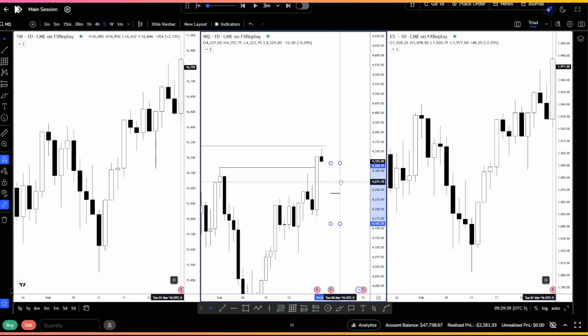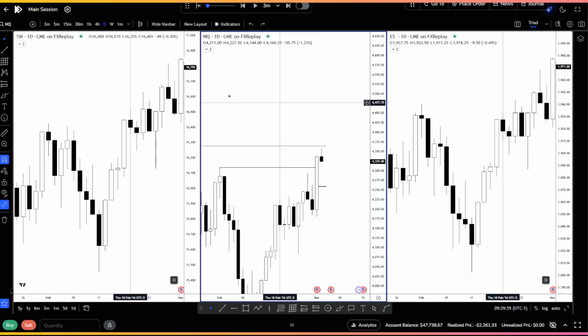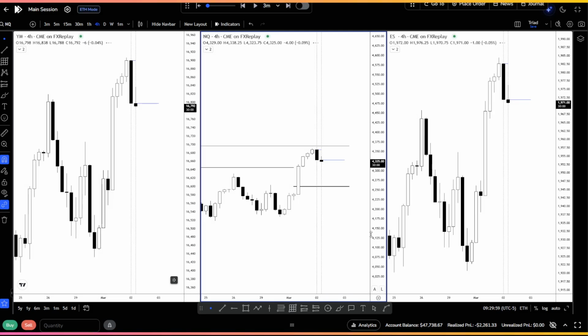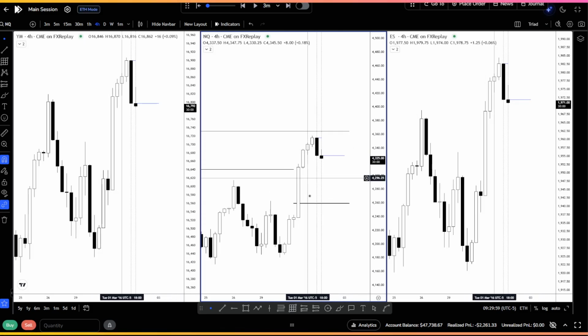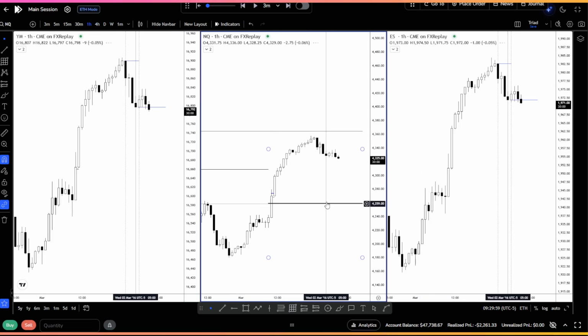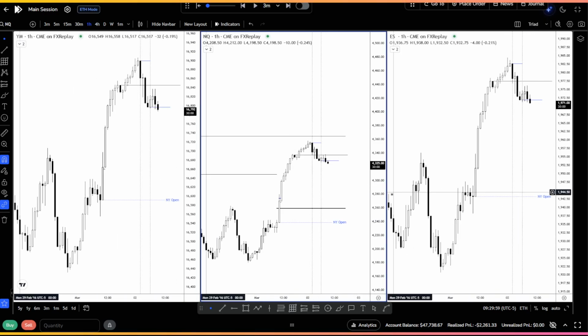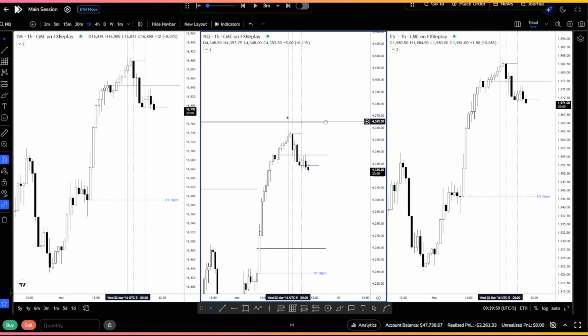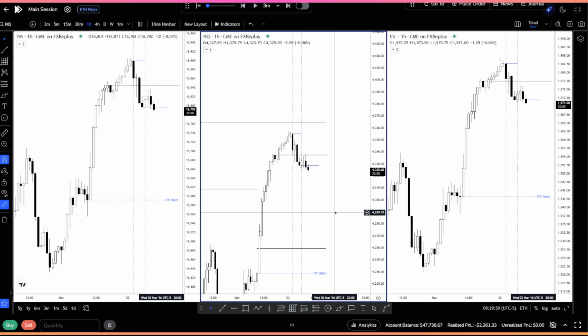Upper half of yesterday looks like we need some sort of manipulation to go to the upside, although we are not really expanding to the downside.